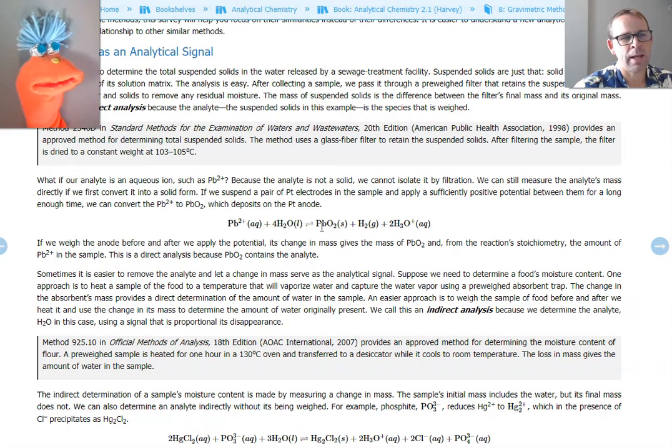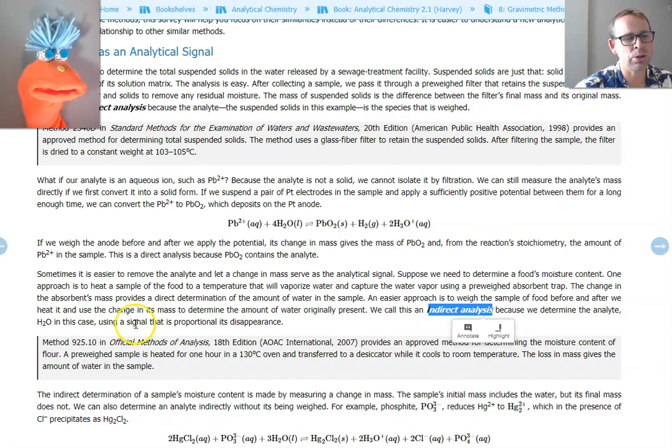Now, if you take a sample and you perform a chemical reaction in which there's a change, or you're measuring a solution before and after in terms of mass, then we can call that an indirect analysis because we determine the analyte using a signal that's proportional to its disappearance or its removal.